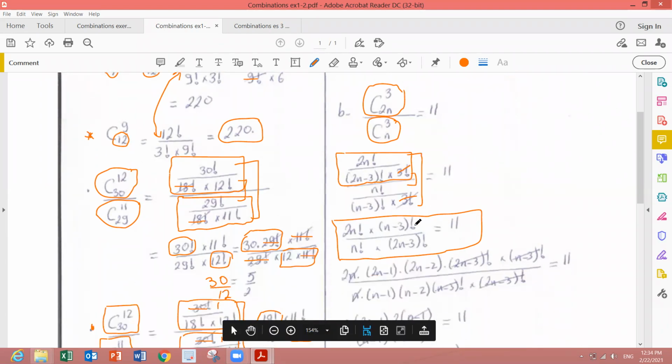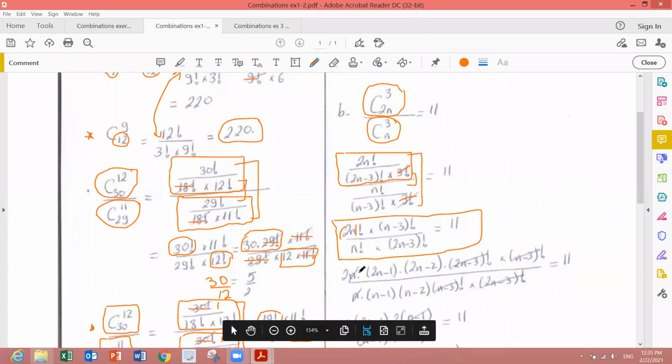Now, I cannot simplify here n with n. This is all one number, 2n factorial, not 2 times n factorial. So 2n factorial, I have to change to the form 2n minus 3 factorial to be simplified. And n factorial, I have to change to n minus 3 factorial.